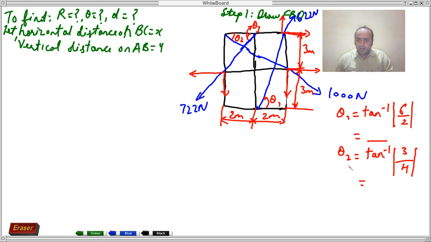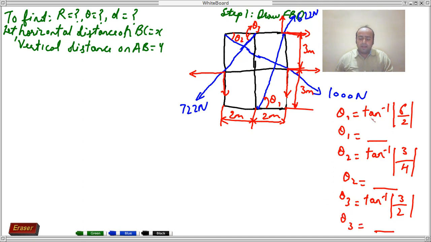Last but not the least, theta 3 is equal to tan inverse of modulus of opposite, that is 3, and adjacent, that is 2. So once we do the calculation one by one, we'll get the values.